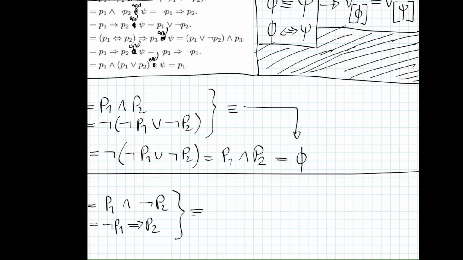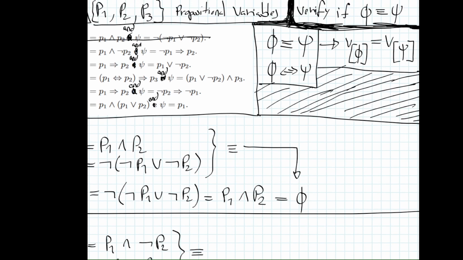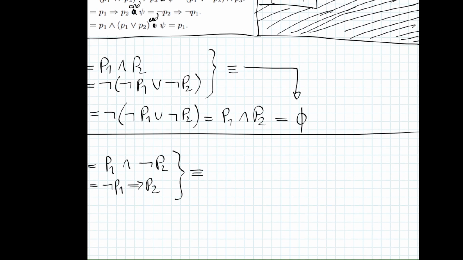We want to verify if they are equivalent.